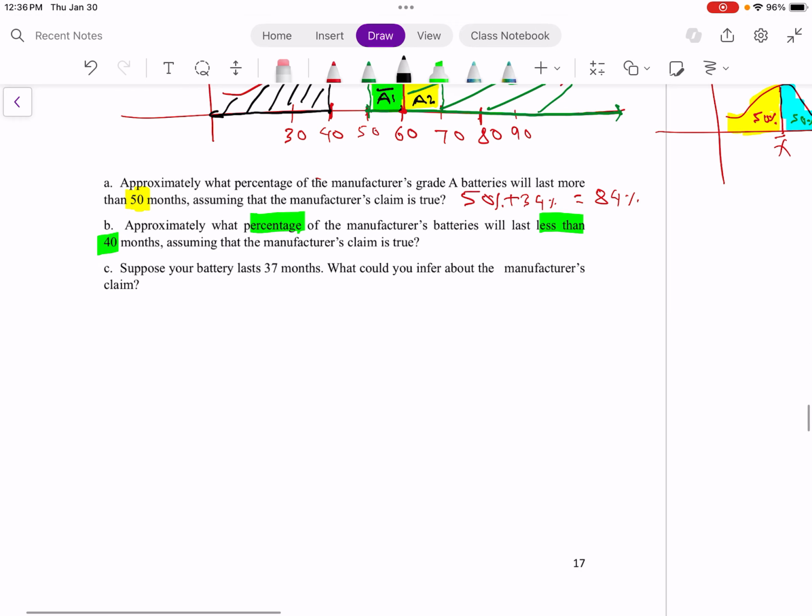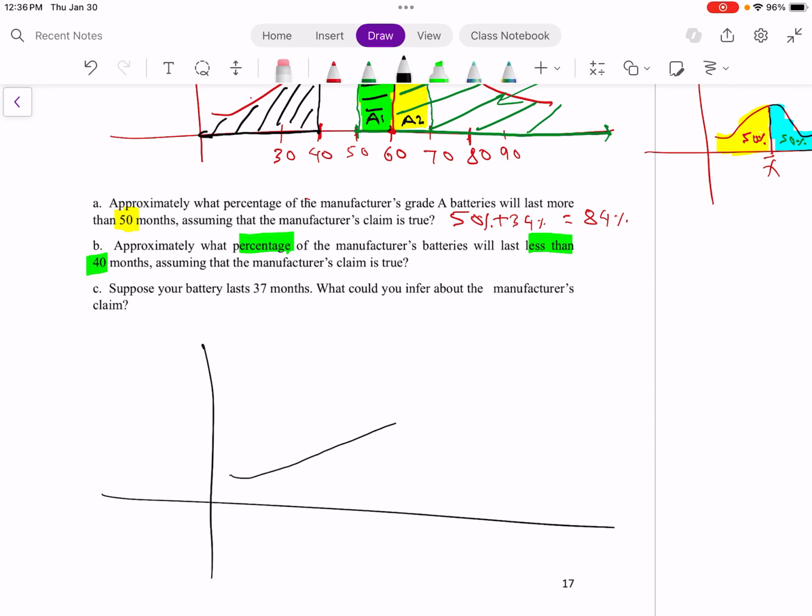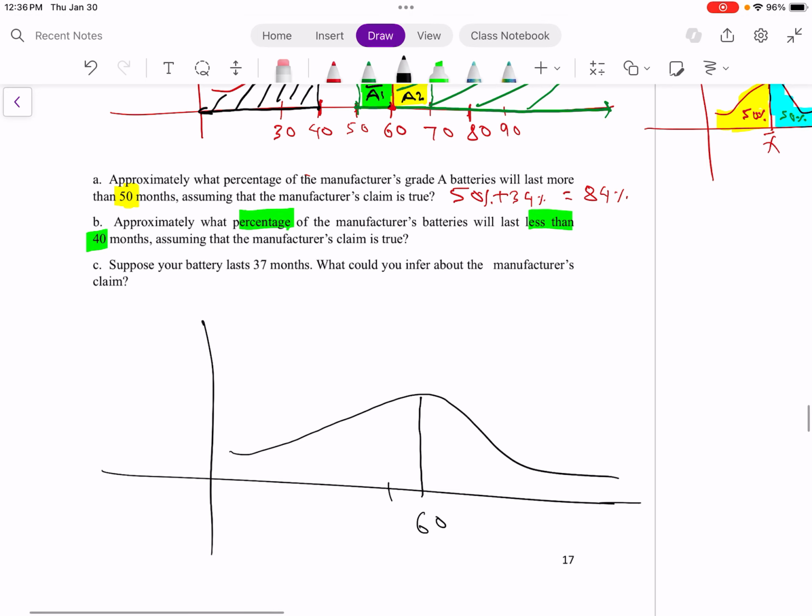Let me draw a new graph here for part B. So we have 60 here, then 50, 70, 40, 80, 30, and 90.